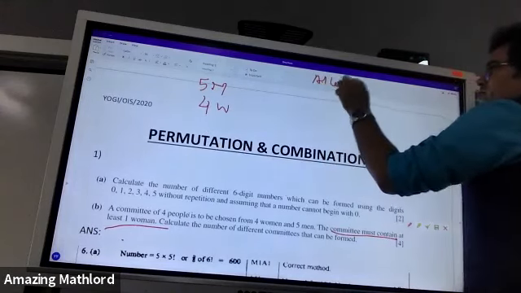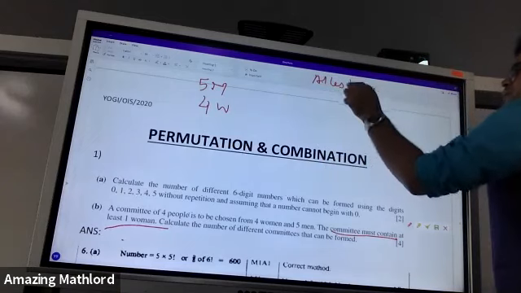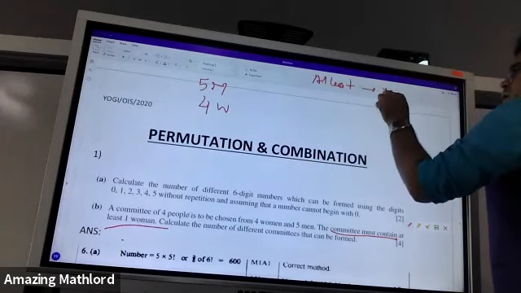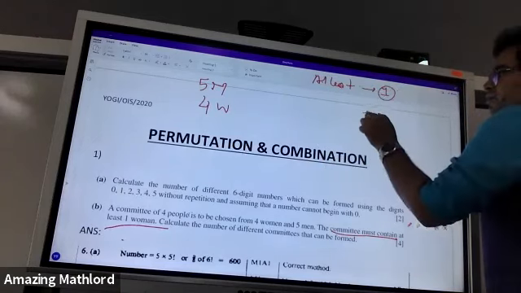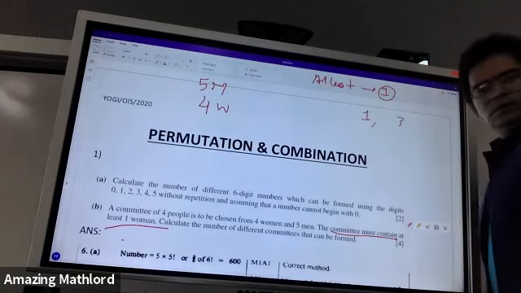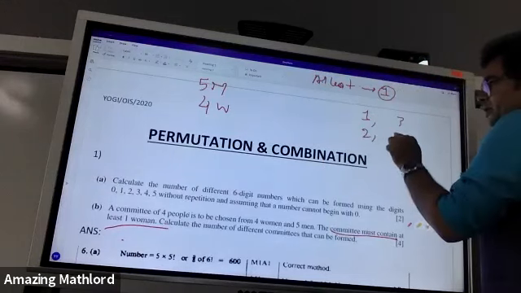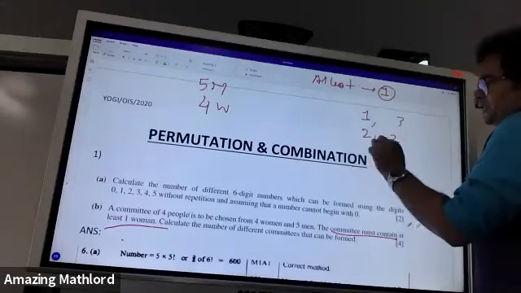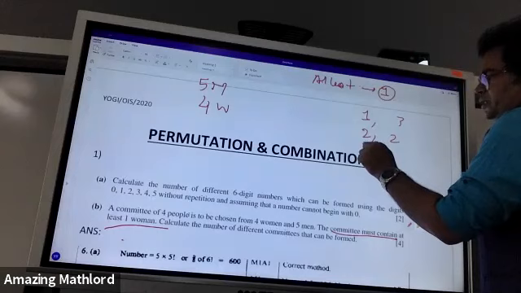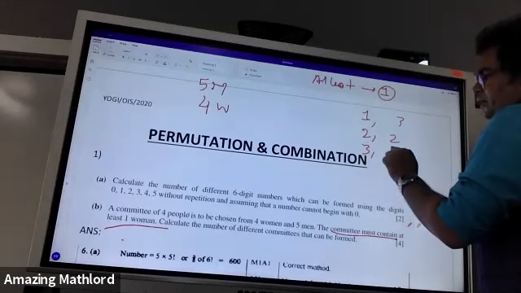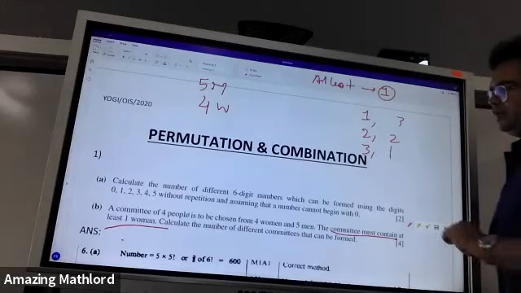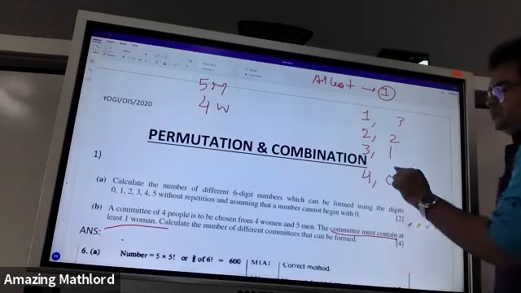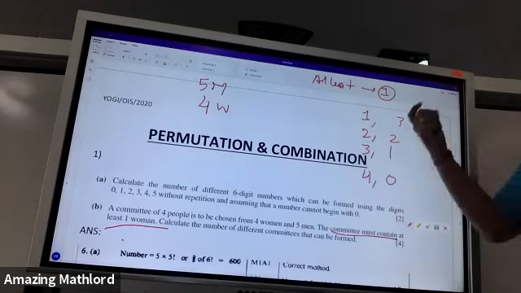When I say at least one woman, it can be 1 woman and 3 men, or it can be 2 women and 2 men, or it can be 3 women and 1 man, or it can be 4 women and 0 men. So these are the different possibilities.